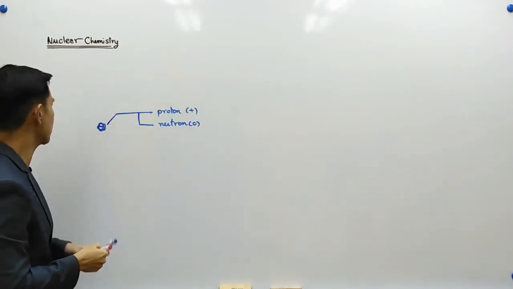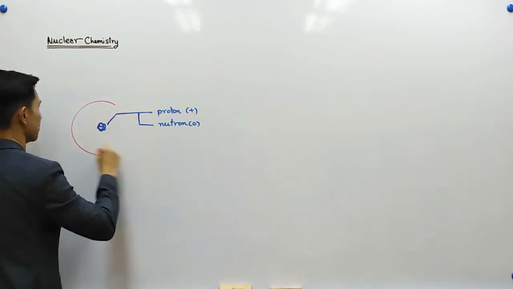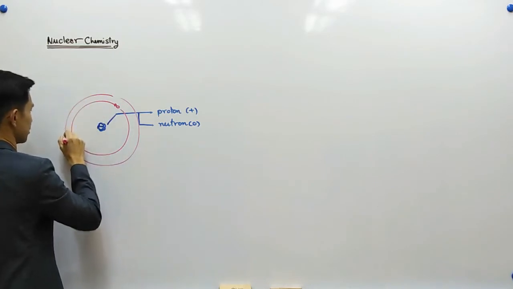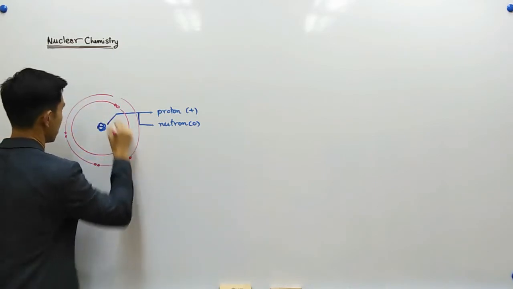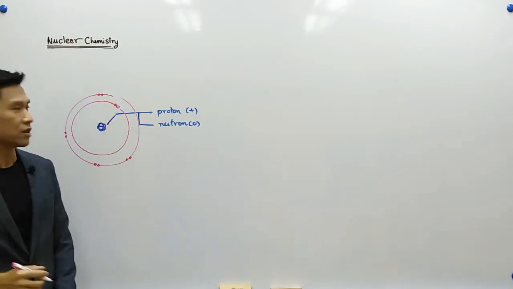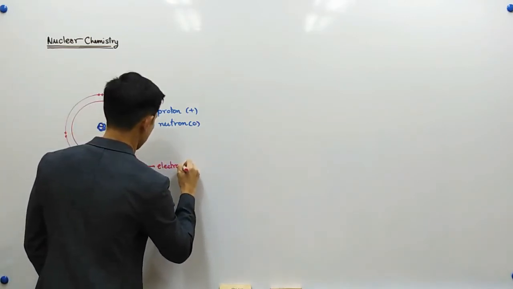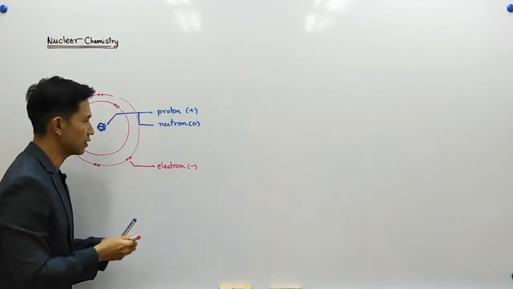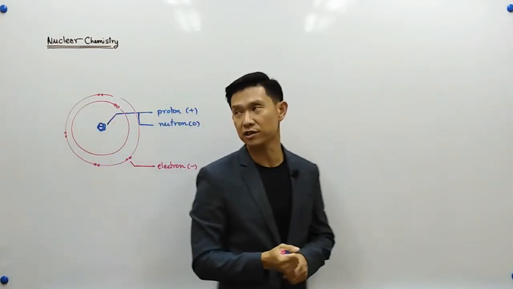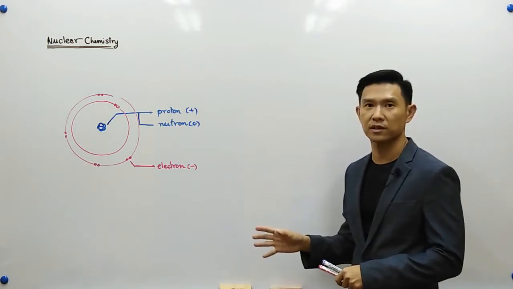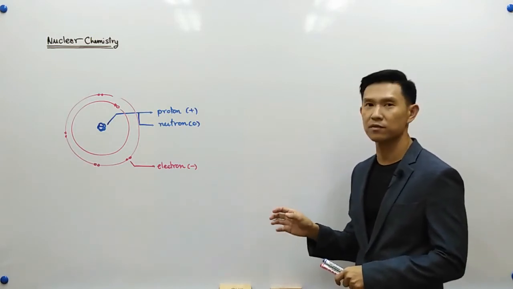And not only proton and neutron, we have electrons that orbit around the nucleus, like this. The electron is negative, right? The charge is negative.